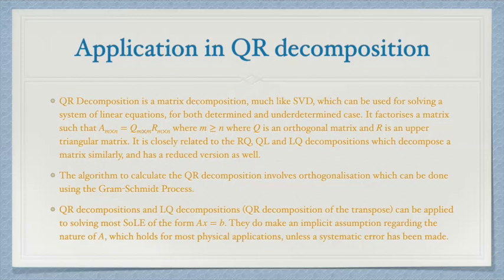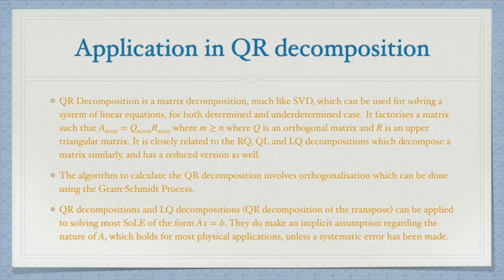One important thing to note is that, unlike decompositions like SVD, which apply to all cases, QR decomposition is restricted to matrices where m is greater than or equal to n, where the dimensions of A are m cross n.